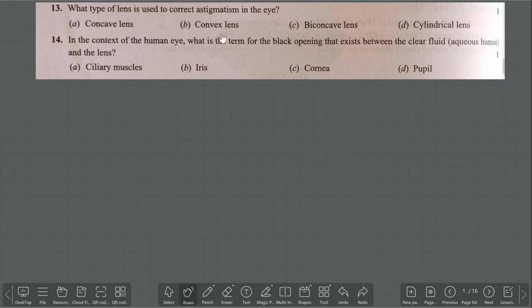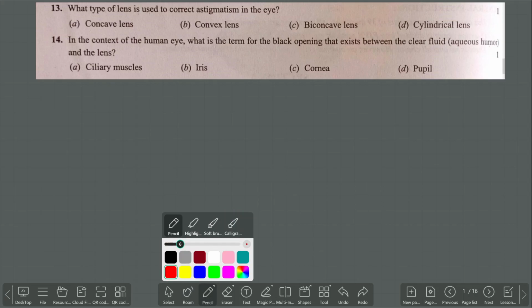What type of lens is used to cure astigmatism? New name, right? We all learned about the 3 defects. What are the 3 defects they are having?